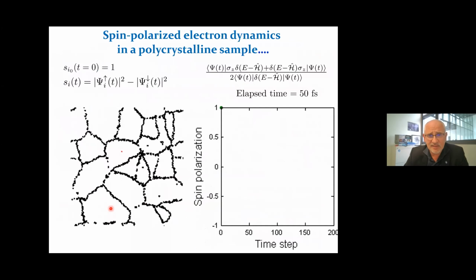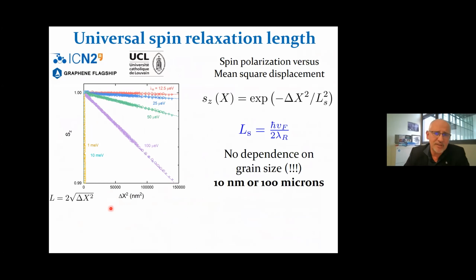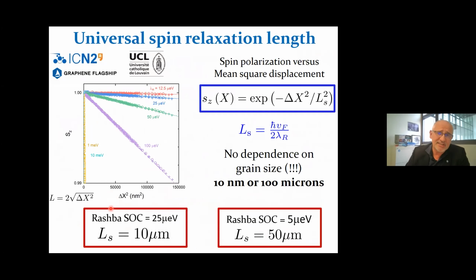And in the end, by simulating the transport of the spin, we could end up with a very interesting result, which is that the spin diffusion length is independent of the average grain size. It is only driven by the strength of the spin-orbit coupling, which is conveyed by the substrate. The grain size and the grain boundary do not appear explicitly in this spin diffusion length because of a compensation between the scattering and the spin relaxation.